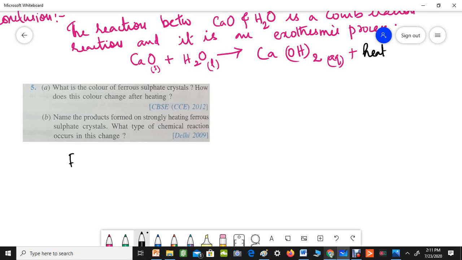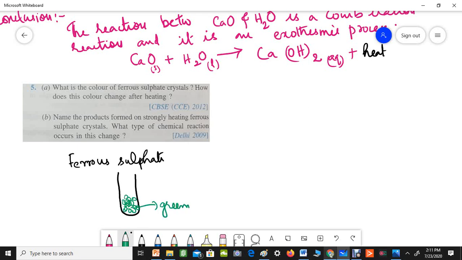Ferrous sulfate crystals, it is green in color.